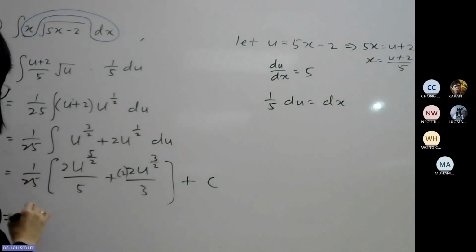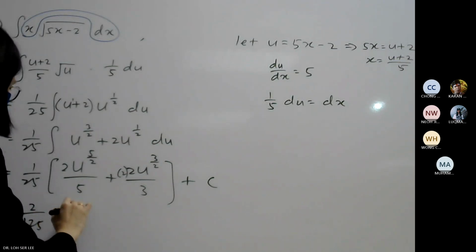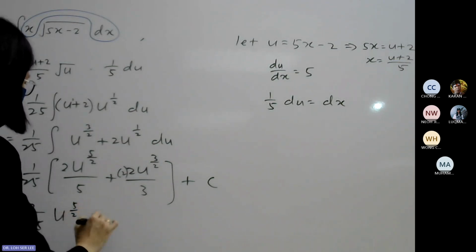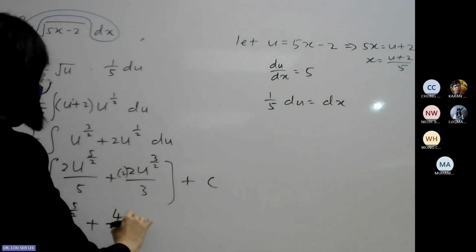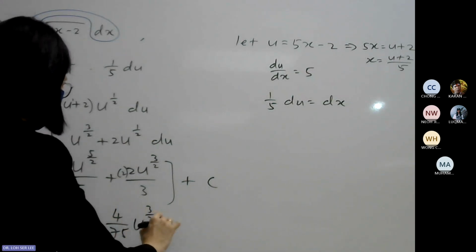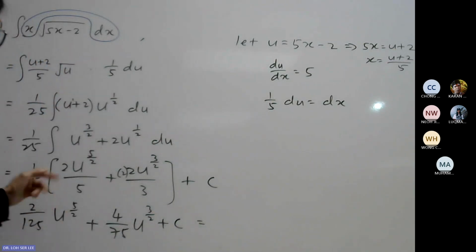So you have 2 over 5 u to the 5/2 plus 4/75 u to the 3/2 plus C. And finally, you change your u back into x.